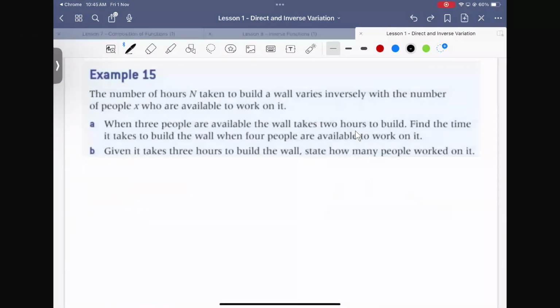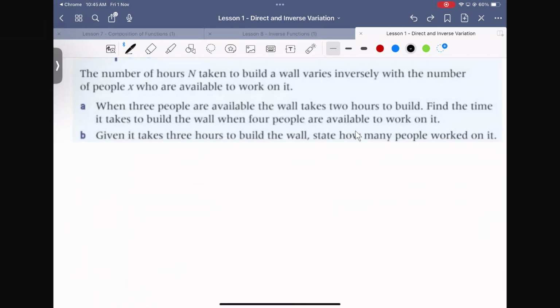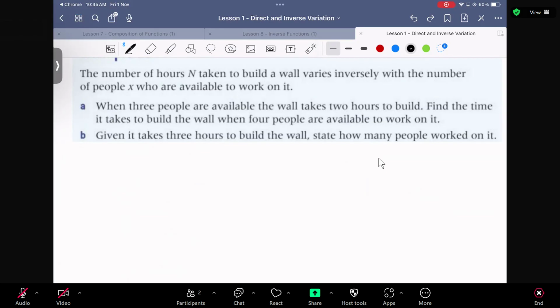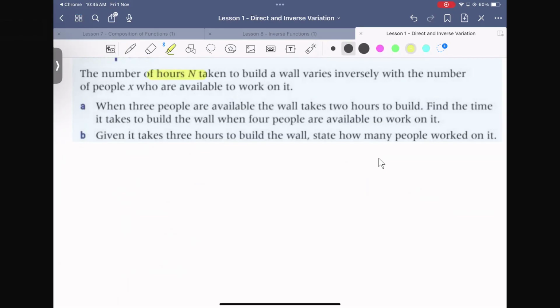All right. Here's another example. It's our last example. The number of hours, n. So there's one of our variables. Let's highlight that one. Hours, n, to build a wall varies inversely. So the hours is the y value. It varies inversely with the number of people x.